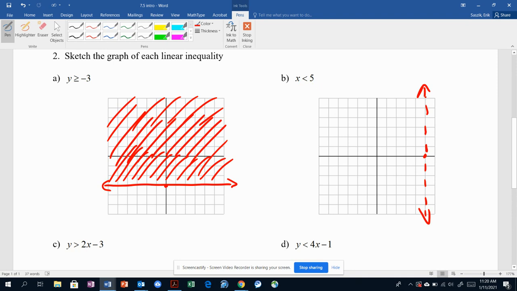So we do a dashed line instead, because whenever it's plain less than or plain greater than, we do a dashed line, because that line itself is not part of the answer. It's just the border. Now here, it says x is smaller than 5. Where does x get smaller? x gets smaller to the left, so we would shade to the left. That's it.